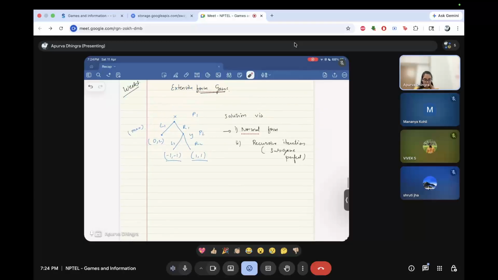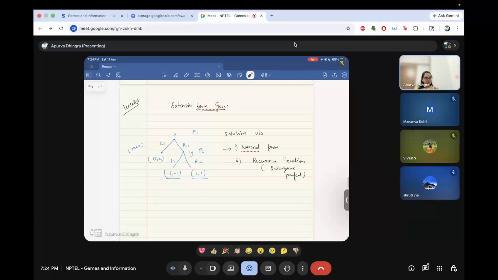Then after that we started talking about extensive form games or dynamic games. What we had seen so far were static games, or simultaneous move games, where the players played at the same time and didn't know the actions taken by the other players, so their own actions were based on their own information. They were not looking at the action of the other to decide their next step.